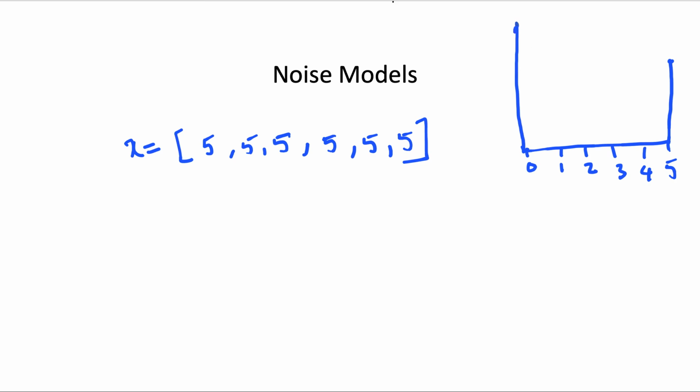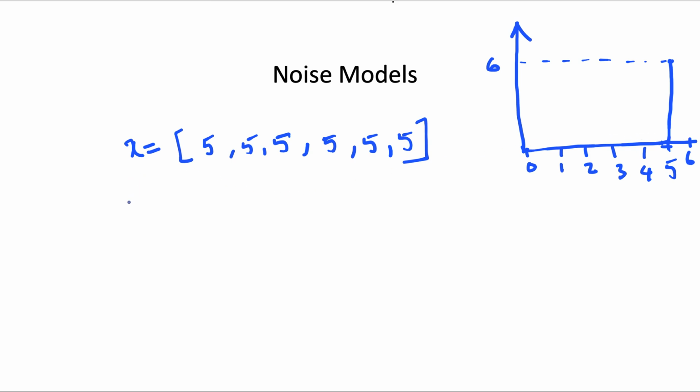If this is my y-axis, I will get a count value here equal to 6 because we have six 5s and all other values are 0. I don't have any value for 6 or 7 after this one.